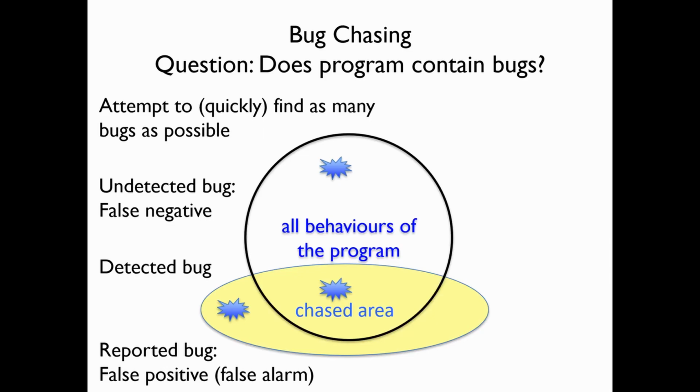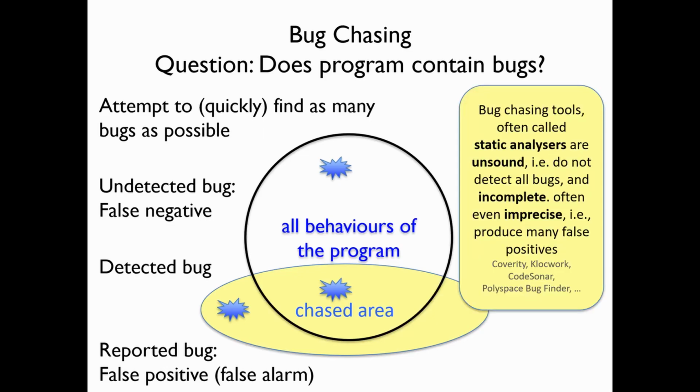Bugs in legal behaviors not found by the bug chasing tool are false negatives. Remember that we discussed two properties of verification methods and tools in the context of decidability, namely soundness and completeness. Our conclusion about bug chasing tools is that they combine the worst of two worlds. They are neither sound nor complete.